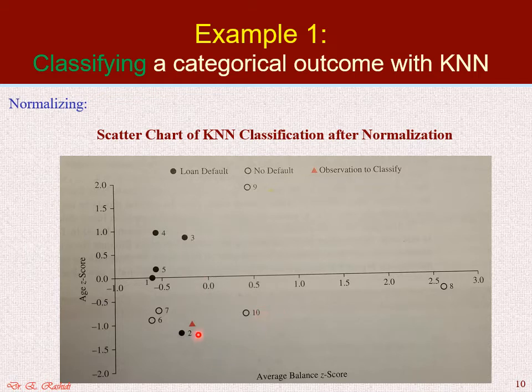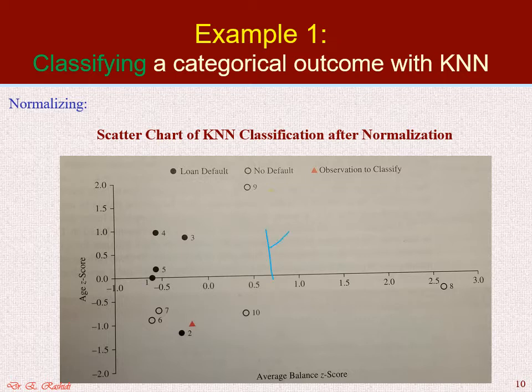And this little red triangle is our new observation that we want to make a prediction for, to see whether it is a loan default person or a no default person. So this is visualized, and if we consider the distance as the Euclidean distance that we are all familiar with, then it's easier to classify this new observation by eyeballing.